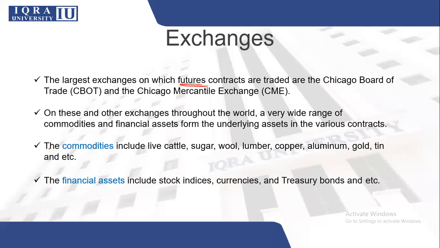By commodity we mean it can be live cattle, sugar, wool, lumber, copper, aluminum, gold, tin, and so many other things. Similarly, financial assets could include stock indices, currencies, treasury bonds, or simply stocks. So it can be a long list. It can be any variable.